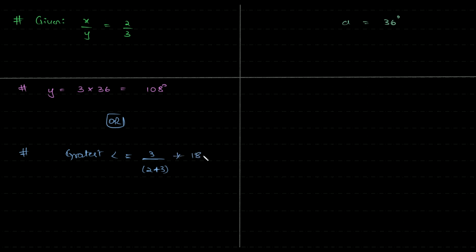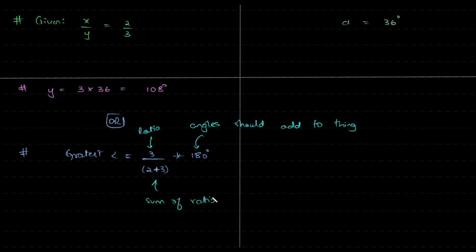Into, since they add up to 180 degrees, we need to write this. Again, this is a calculation that we need not even show. This is only for your reference. This is the sum which the angles should add up to. And this ratio has to do with the angle itself. So this is part of the ratio, and this is the sum of the ratio.